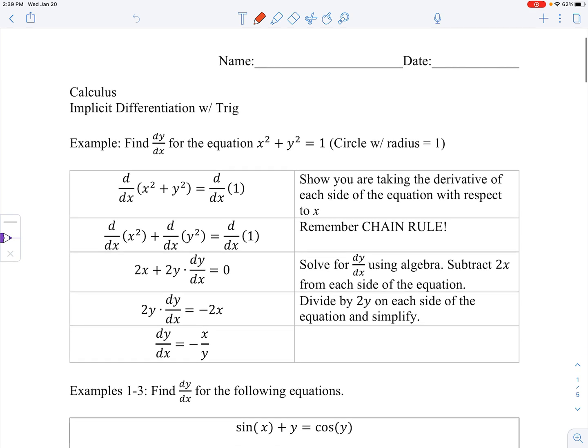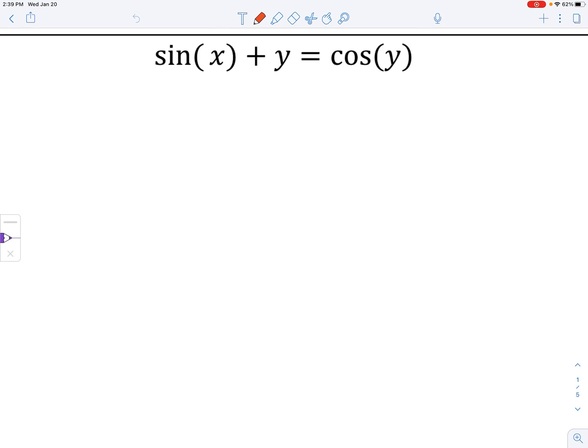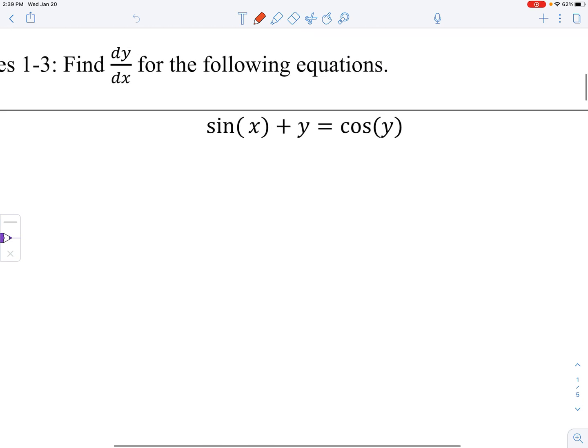And I gave you a basic example, a little refresher of implicit differentiation, here for the equation sine of x plus y equals cosine of y. So same steps as before, where our first step in differentiating with respect to x is going to be to make that statement that we are differentiating with respect to x.